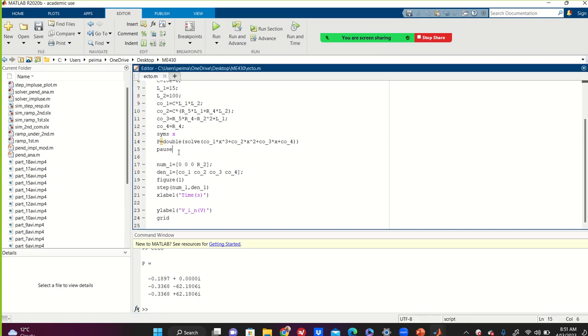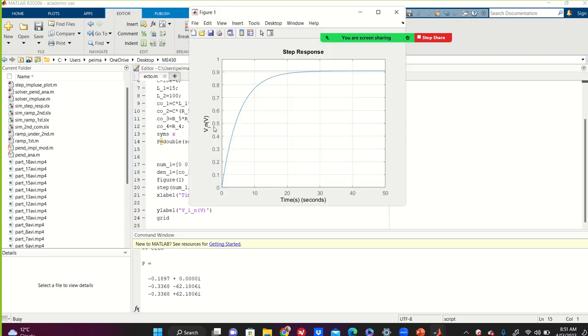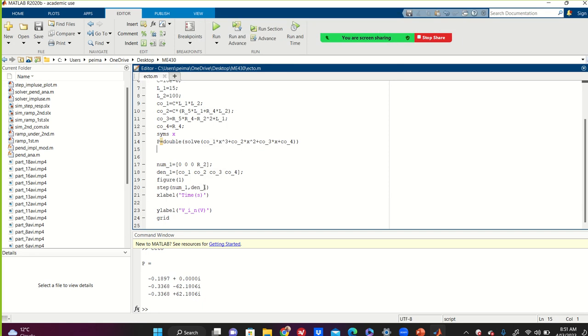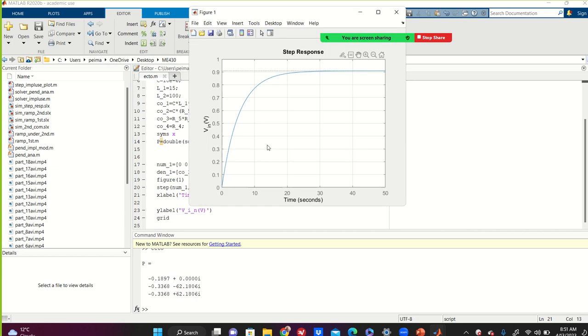So let me first remove this pause. See, now VIN. See what I'm saying? If you want to do that. Nice. Okay. And there's no need for S because the step response is plotted by itself. See, it's V in voltage and time in seconds.